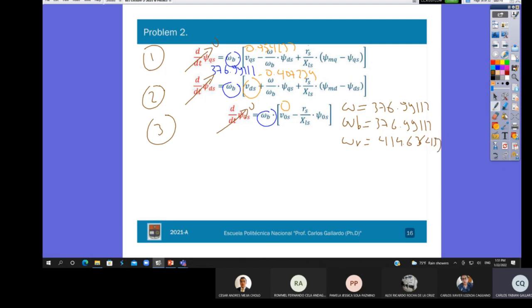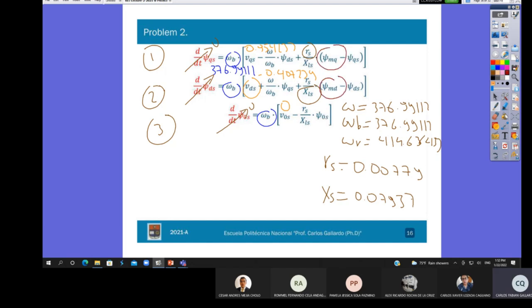Okay, the stator resistance is equal to 0.00779. And the stator reactance, according to the manufacturer, is equal to 0.07937. Okay, so this is unknown.